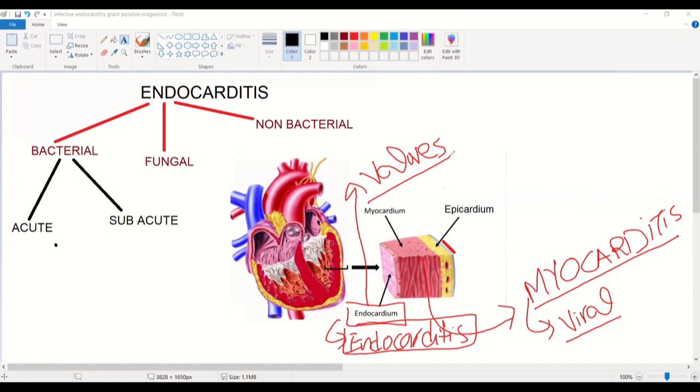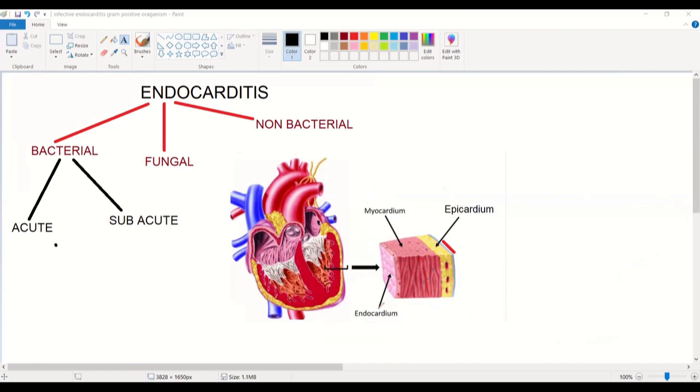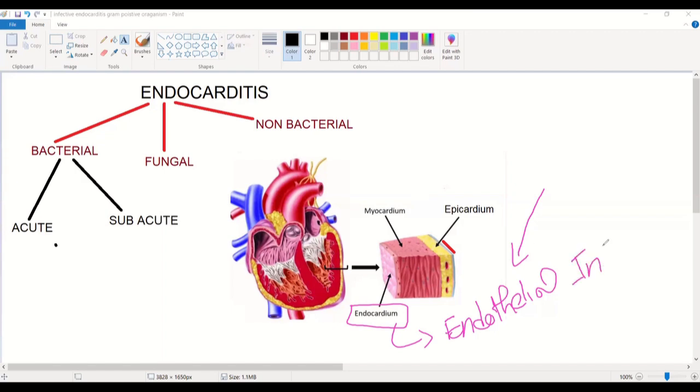And this endocardium is lined by endothelial cells. So what happens? A foreign particle, bacteria, or any other thing damages these cells, resulting in injury of the endothelial cell.